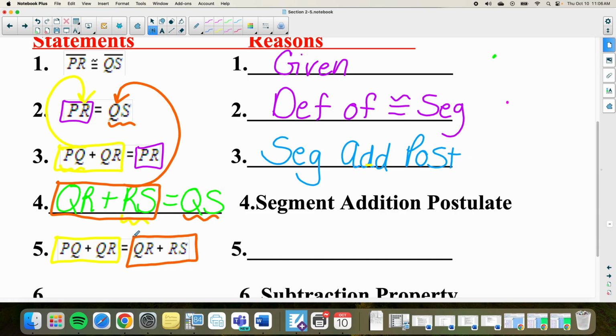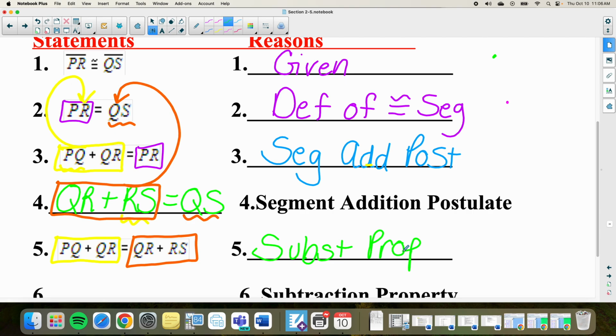Remember too, if you ever need to guess on a proof, always guess substitution, especially like right here in a proof, like after you get those first few steps done, you're probably a good guess to say it's substitution, okay?